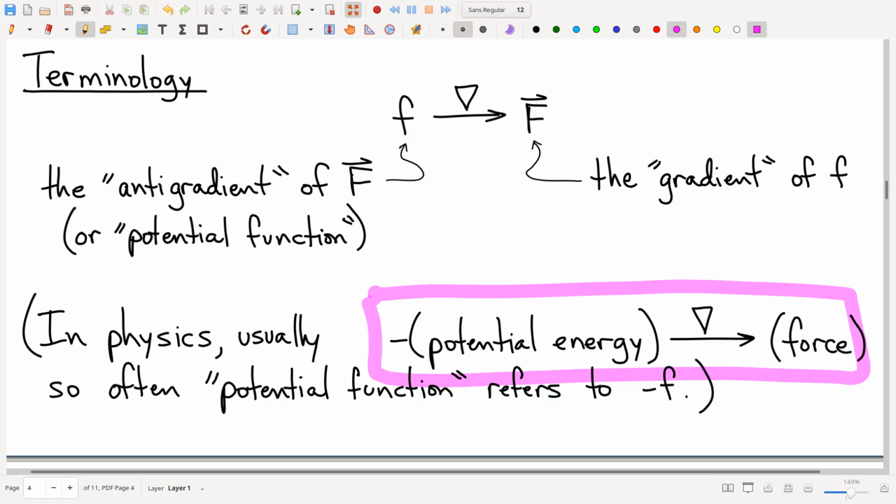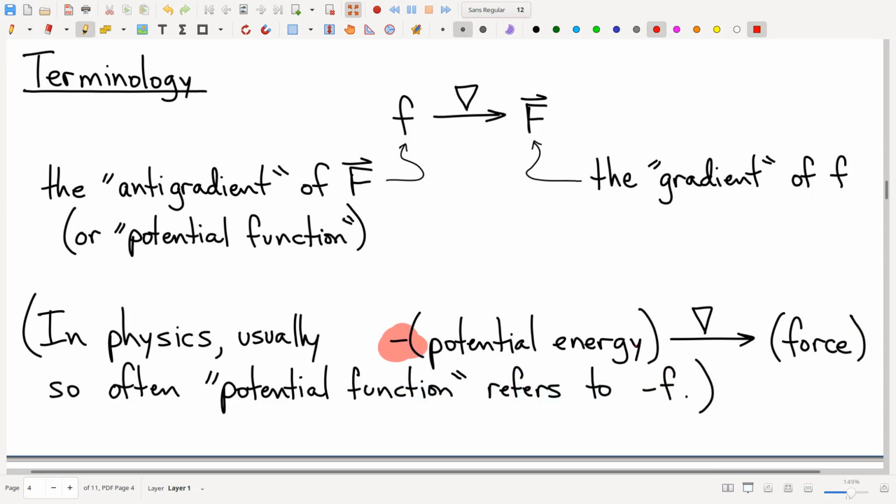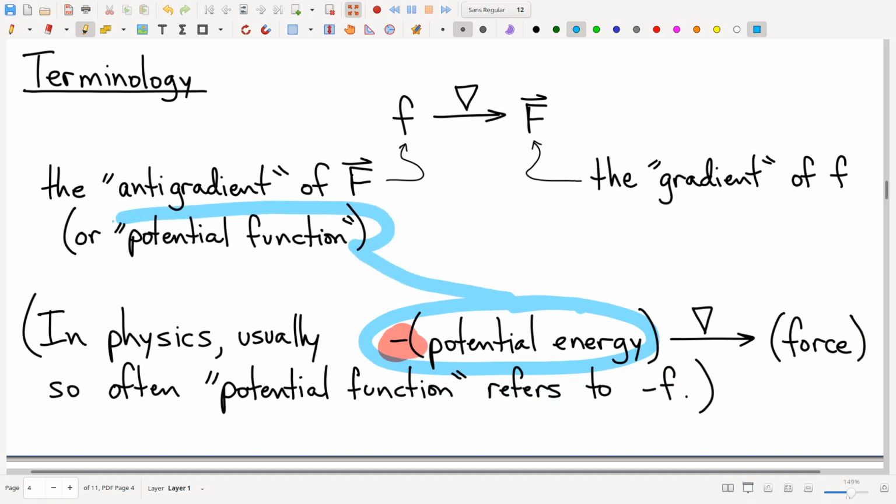But the gravitational force points down. That's just how the cookie crumbles. That's just how things are set up. Unavoidably, it's the negative of potential energy that is the anti-gradient. So in particular, because the negative of potential energy is the anti-gradient, they refer sometimes to anti-gradients as potential functions.